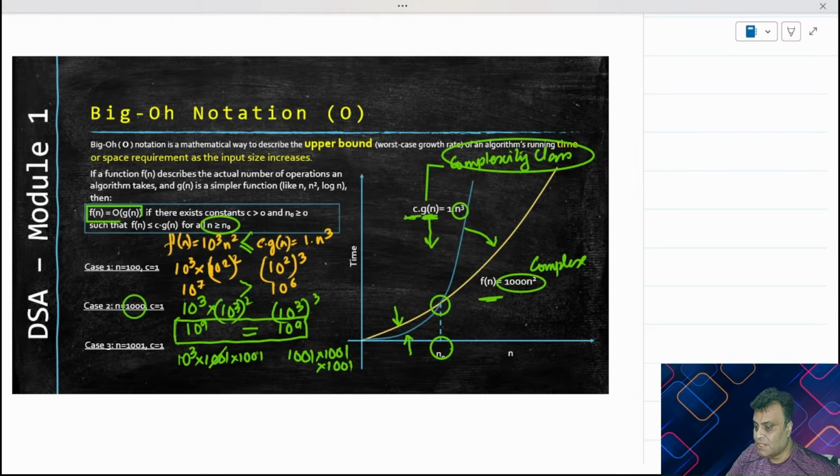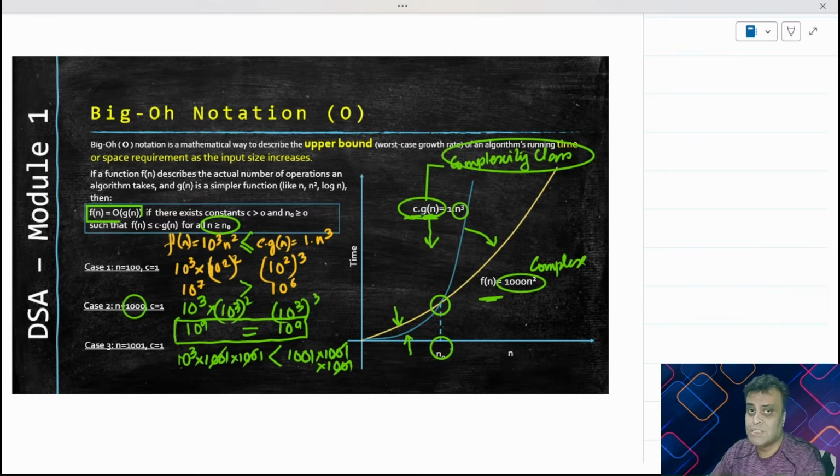So we can say that these will cancel out, and the only thing that remains on the right hand side is 1001, and the left hand side has 1000. So 1001 is greater than 1000. Right? So at n equal to 1000 it becomes equal, and at n equal to 1001 the blue line will cross. And what is the blue line? C dot gn. C dot gn will cross Fn at that value of n, which is 1001.